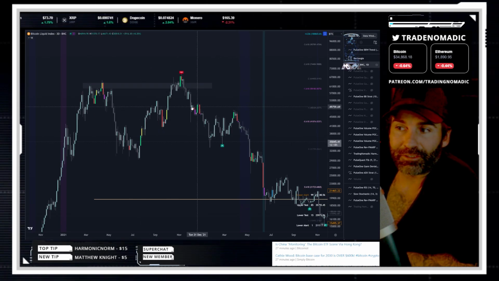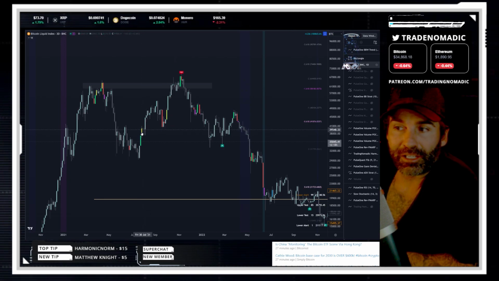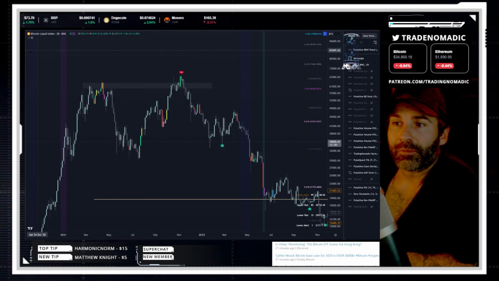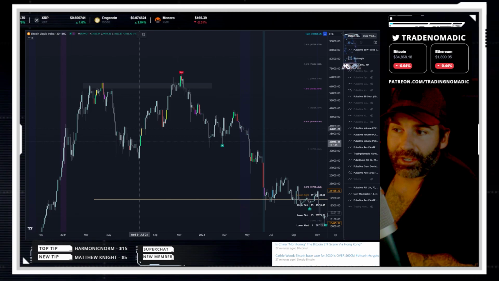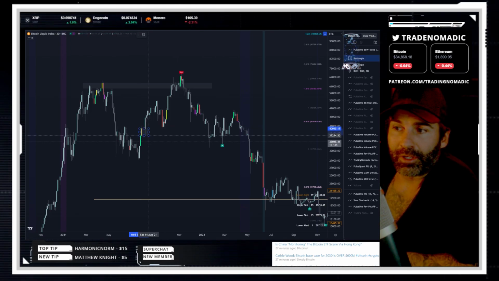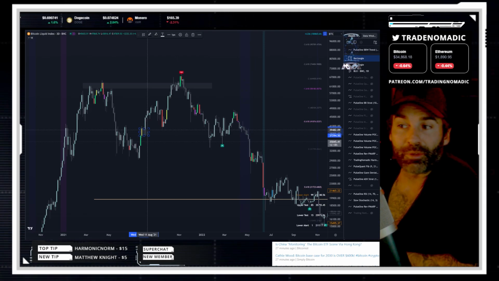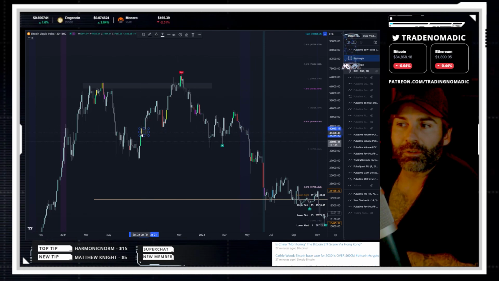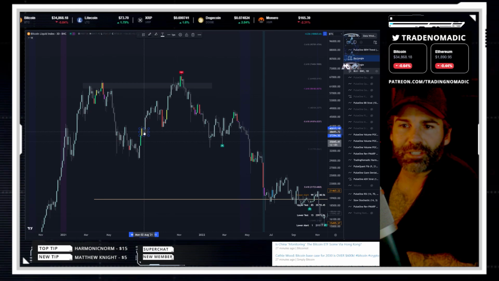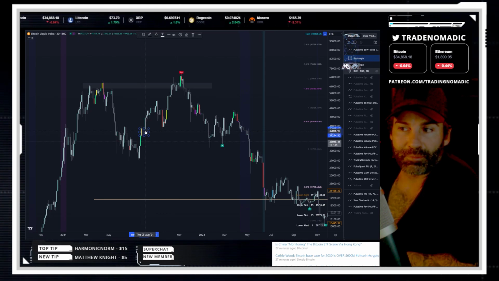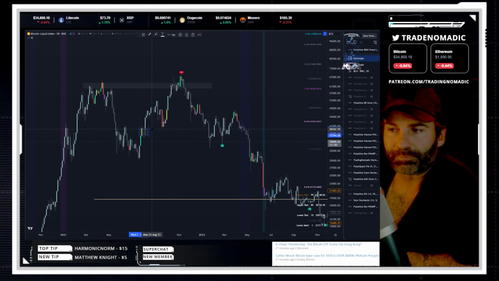These are imbalances. If they are not immediately collected, which in this case they were, you'd expect them to be revisited. And often they might end up being revisited in the future, but once they've been collected, it's not as strong of a signal.